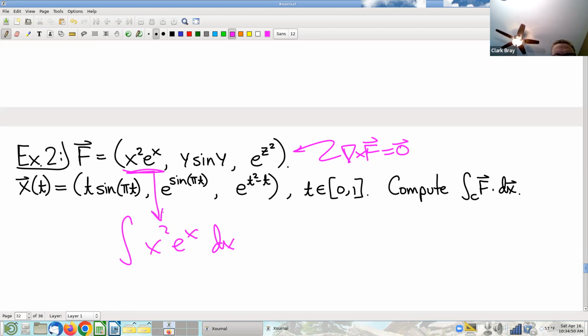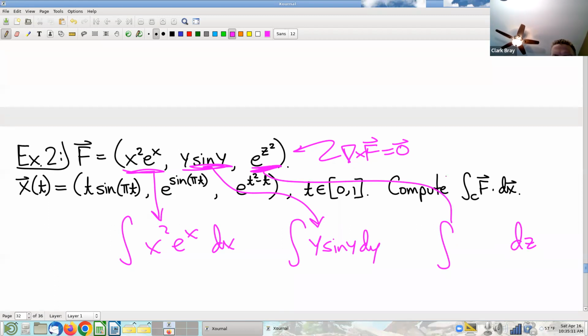Not that I can't do that, but that's annoying. That's integrating by parts twice. And then I'd have to take the y anti-partial of y sine y. Worse things have happened. But then even worse, I'm going to have to take the z anti-partial of e to the z squared.